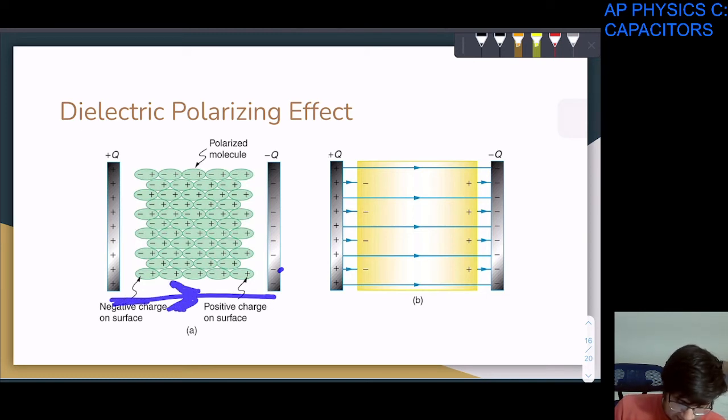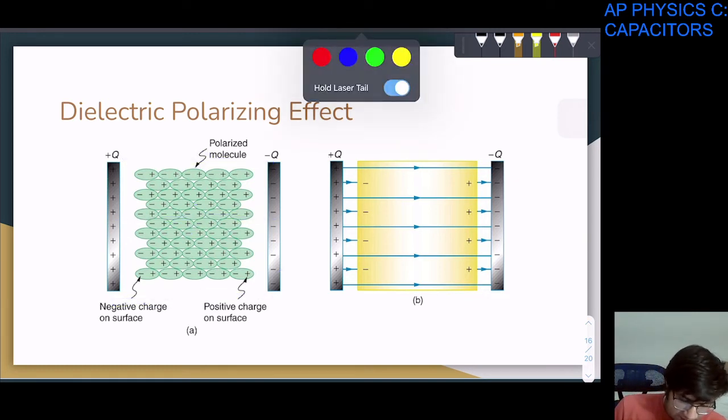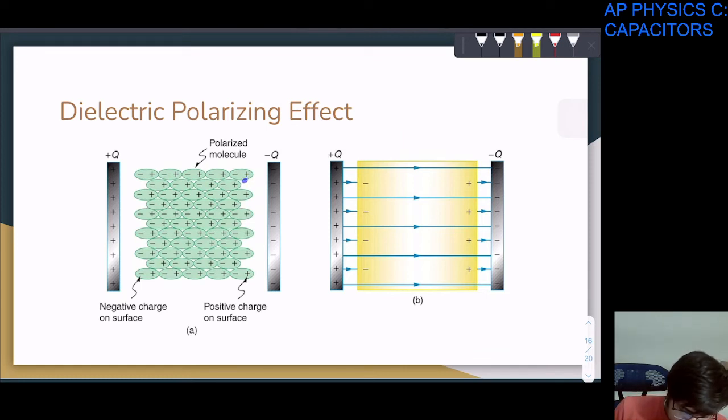When you put the dielectric material in between, each atom's positive part is going to be slightly leaning towards the negative plate. So if you look at the surface of the insulator, it's going to be slightly positive on the surface and negative right below.